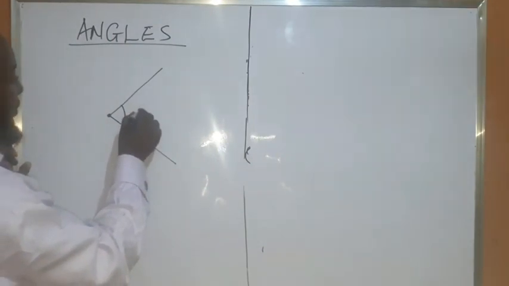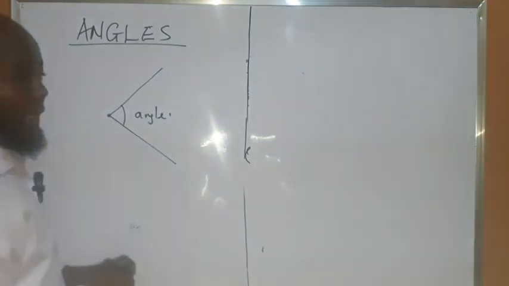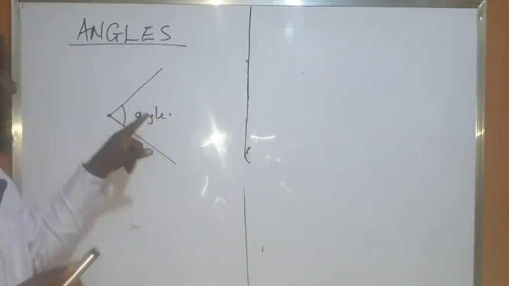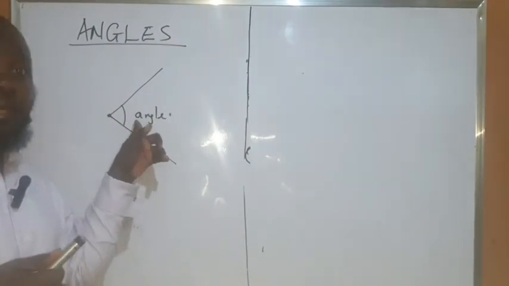So this is an angle. If you want to define angle, you say the space or the distance between two lines meeting at a point is referred to as an angle.